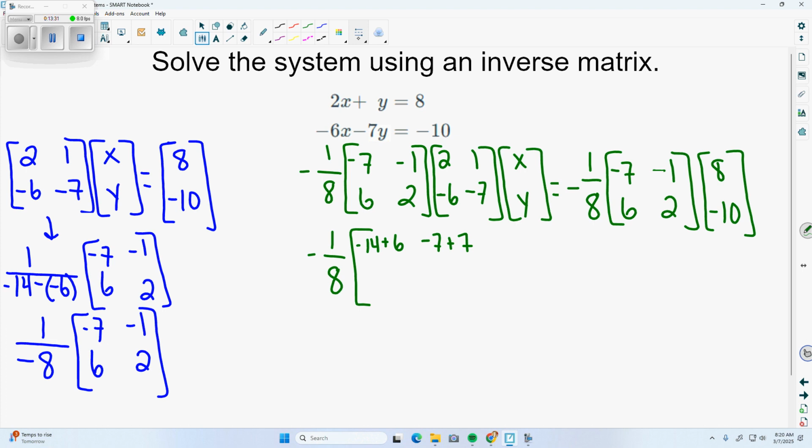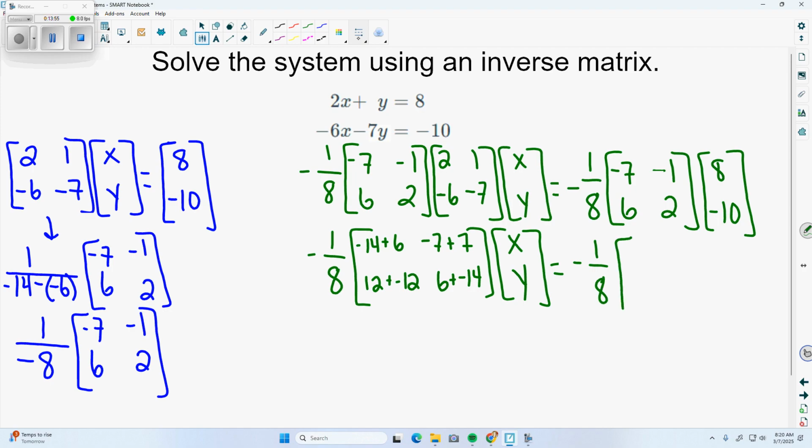On to the second row now. Rows by columns, rows by columns. Okay, over here.